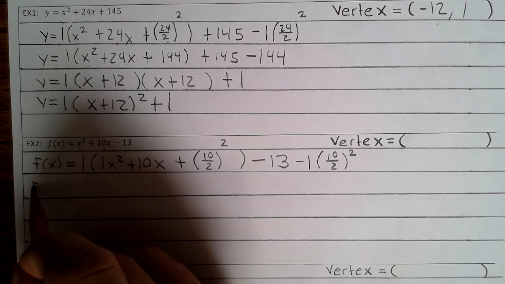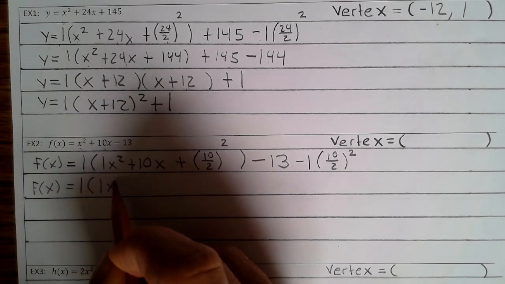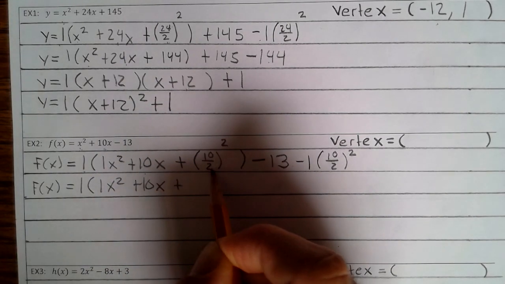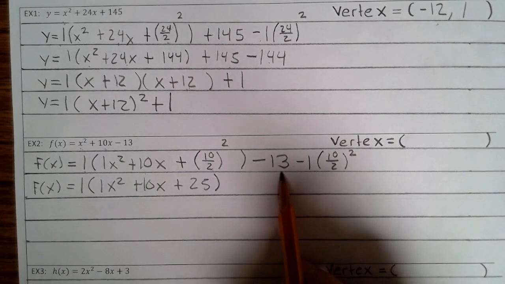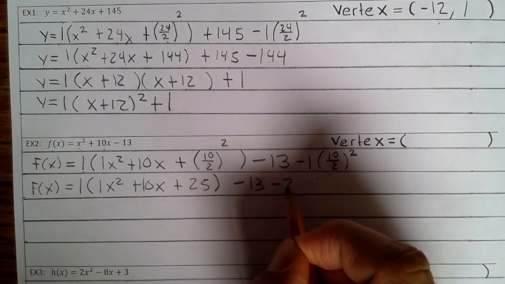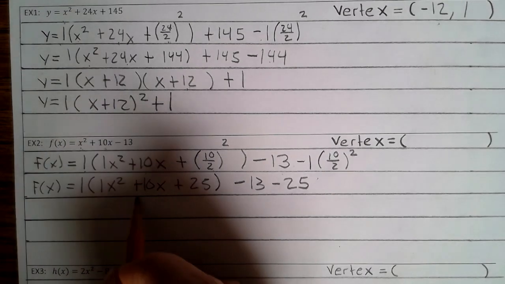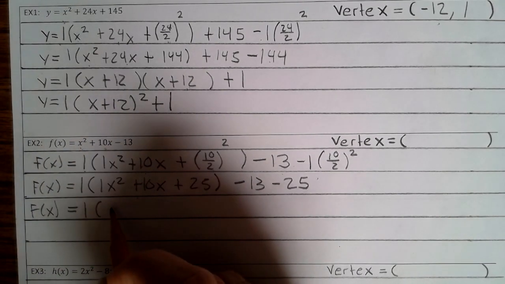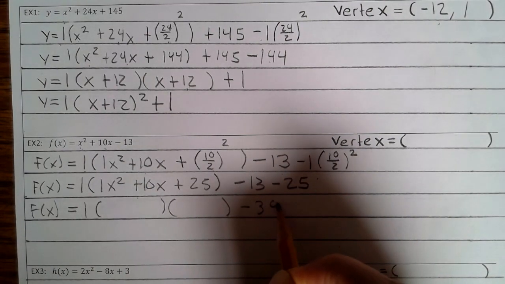So then that's f of x equals 1 parentheses 1x squared plus 10x plus 10 divided by 2 is 5. 5 squared is 25. Then negative 13 minus 25. So then we're going to factor this. So that's f of x equals 1 parentheses minus 38.